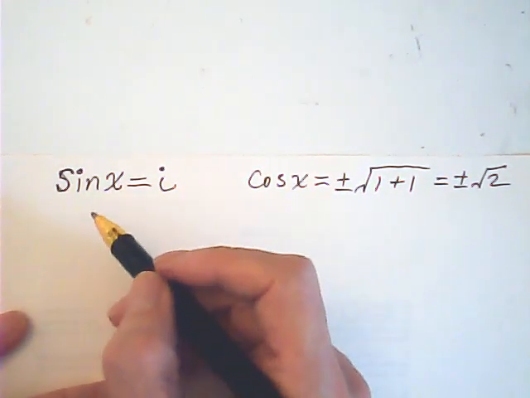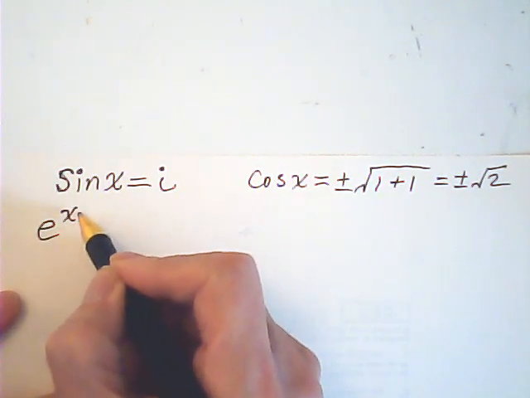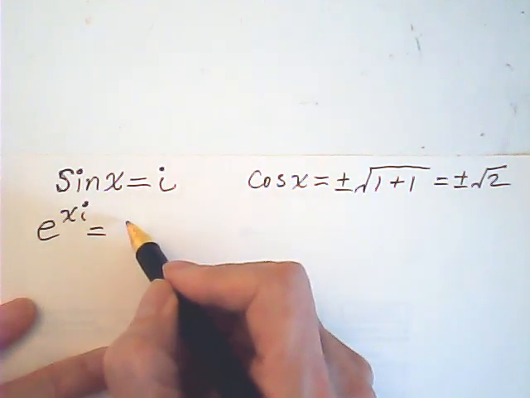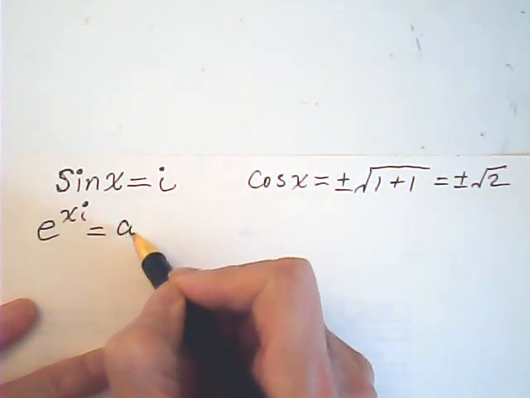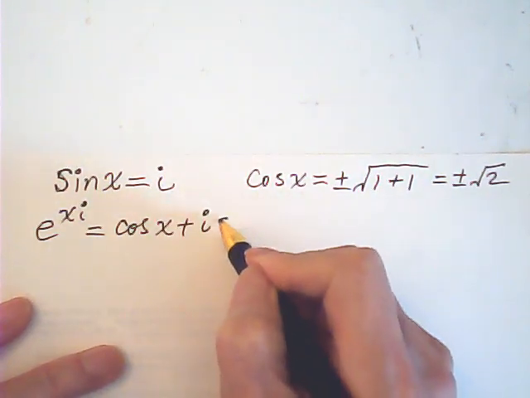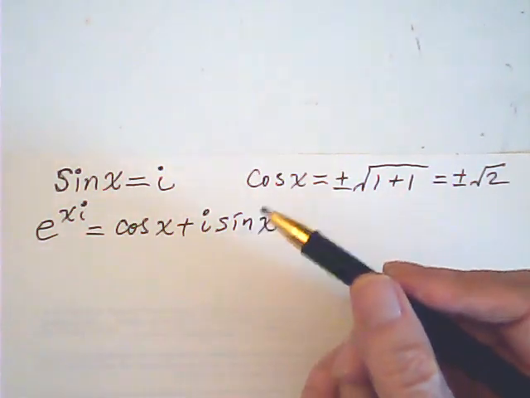And then from Euler's formula, e to the power xi is equal to cosine x plus i sine x.